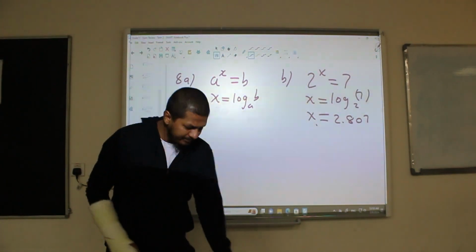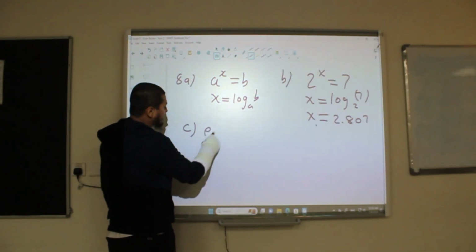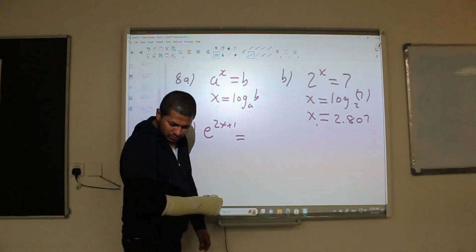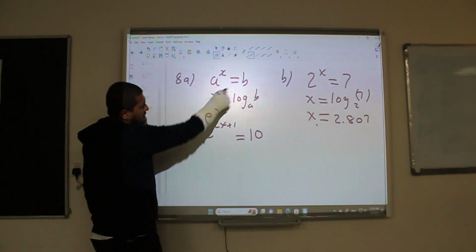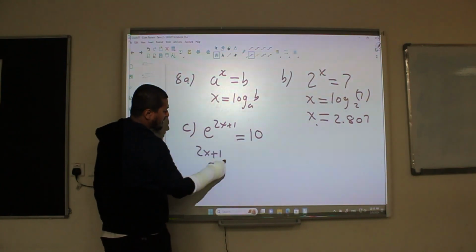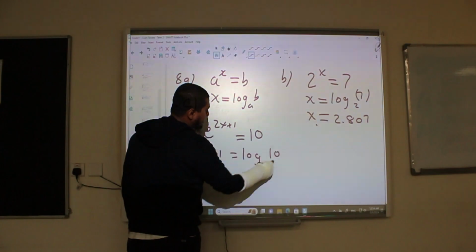The third problem, which is C, we have e to the power 2x plus 1 equal to 10. That's my question. Now to solve this, we will use a similar thing like what we have done here. So we say 2x plus 1 is equal to log 10 base e.